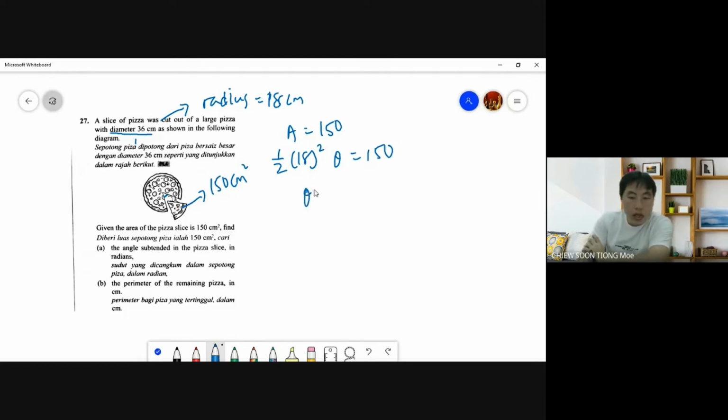So we get theta equals to 300 divided by 18 square. You press calculator and then you will get the answer. The answer will be 0.9259.